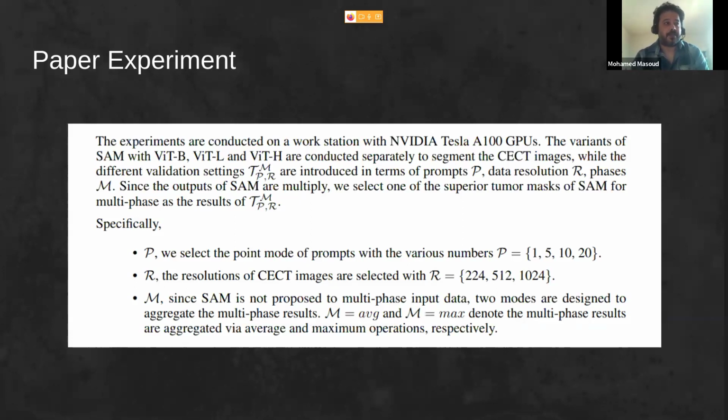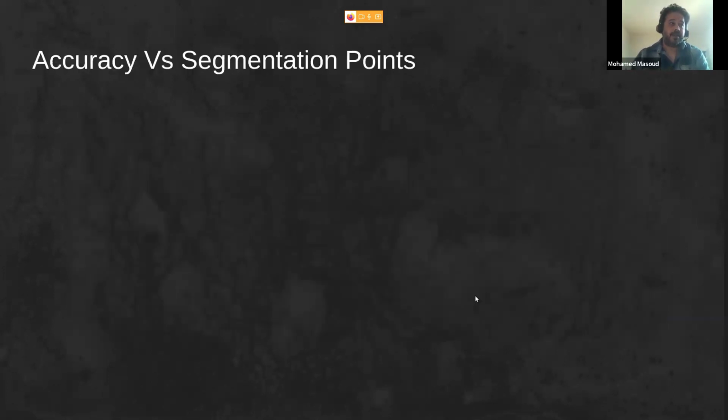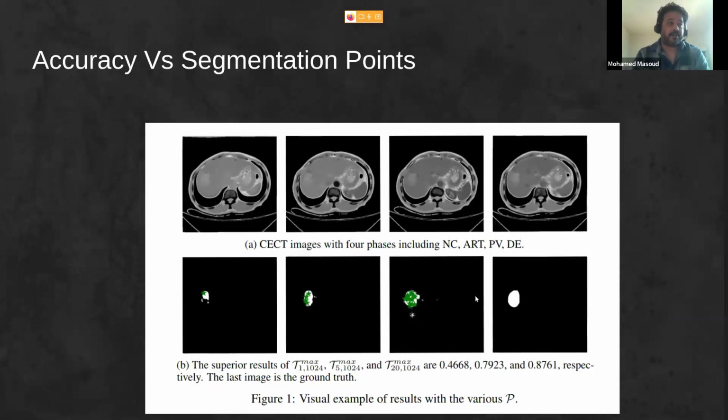They found, as in this image here, that when there is an increase in the number of points, there is an increase in the segmentation accuracy, which means that we don't know specifically how many points we need to use to get the right segmentation from the SAM model. And this is one of the downsides of the SAM model in medical images.